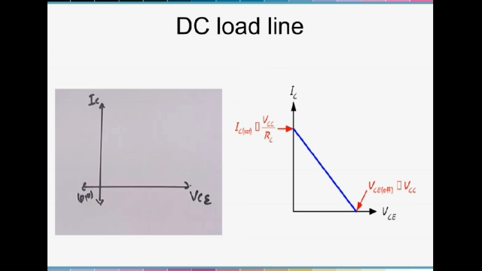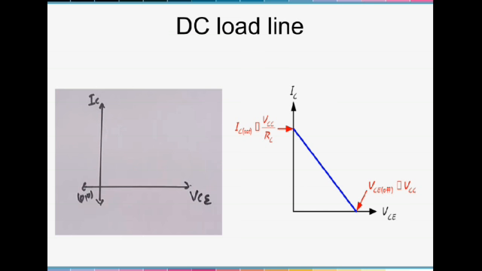Now we are going to draw the DC load line of a transistor. To draw the DC load line, consider two axes, the x axis and the y axis. Always the collector emitter voltage VCE is taken as the reference in the x axis, and collector current IC is taken as the reference in the y axis.